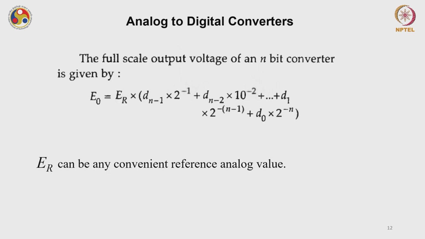Okay, so the full scale output voltage of an n-bit converter can be given as E naught is equal to ER into the code, that is dn minus 1 into 2 to the power minus 1 plus dn minus 2 into 2 to the power minus 2 and so on, plus d1 into 2 to the power minus n plus 1 plus d0 into 2 to the power minus n, where ER can be any convenient reference analog value required in that particular circuit.